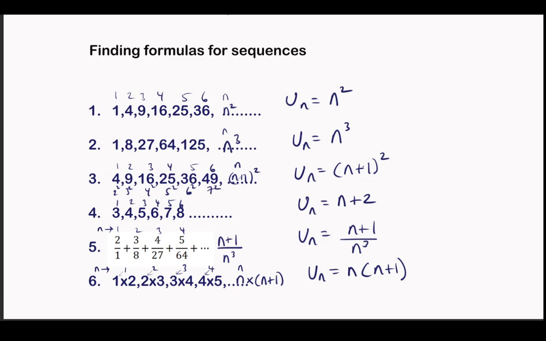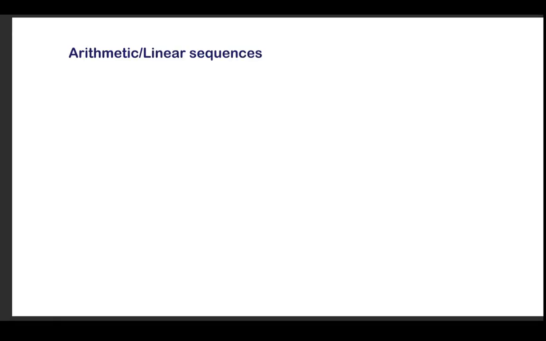Okay. Now, I want to look at arithmetic sequences, linear sequences. Now, what are these types of sequences? Well, if I give you an example, a linear sequence is one where you have just like this one, 4n plus 1, where it just has an n in the formula.